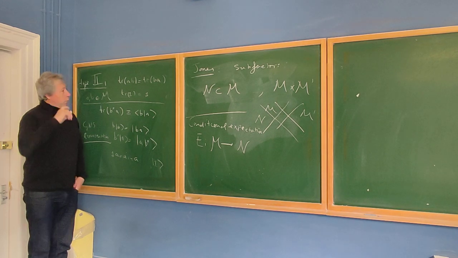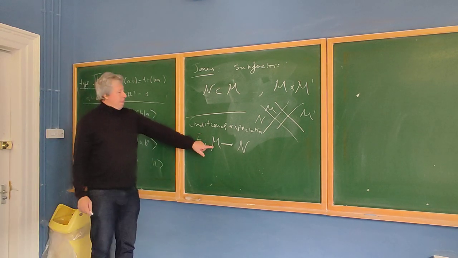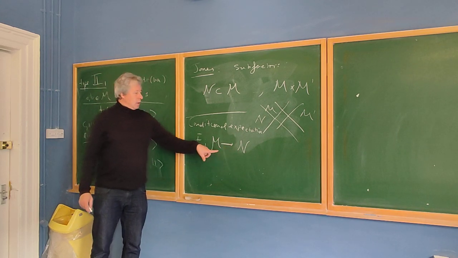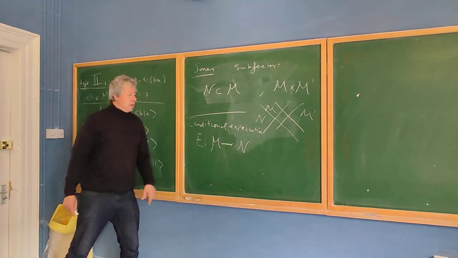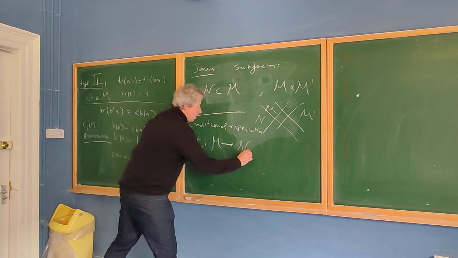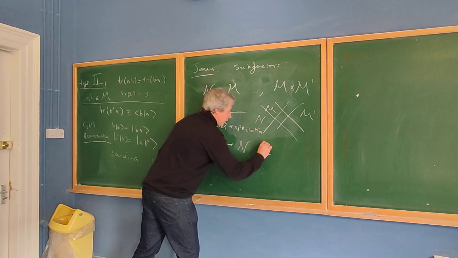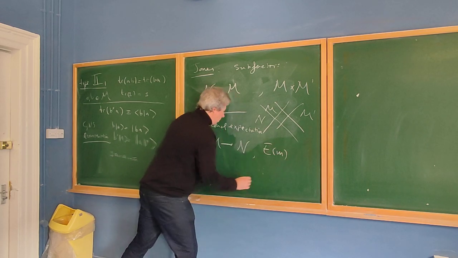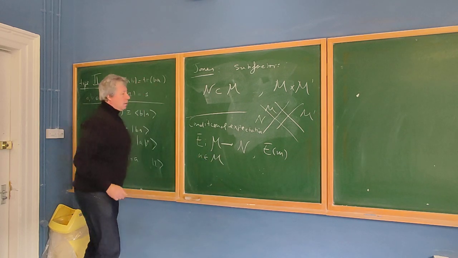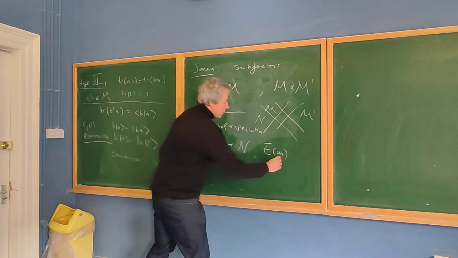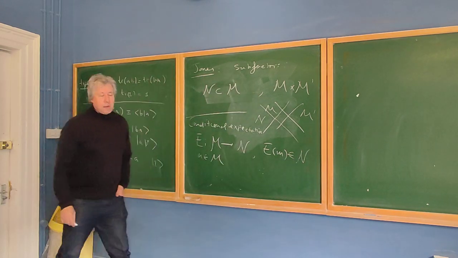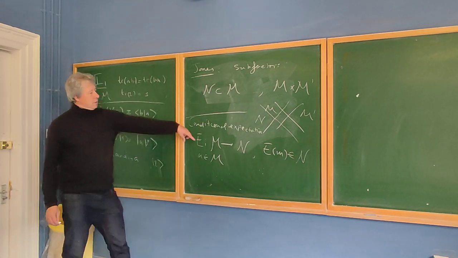To make clear which element is part of this one and this one, let me denote them by little m and little n. Because I'm going to now talk about it: if m is in M, then this object, of course, is in N, because it maps it onto here.